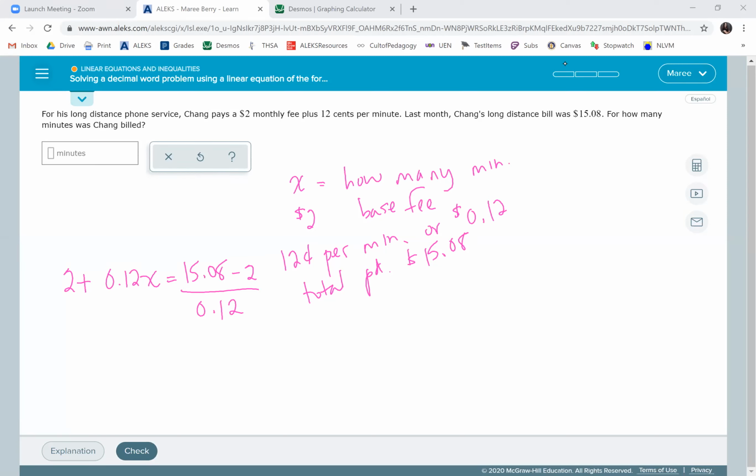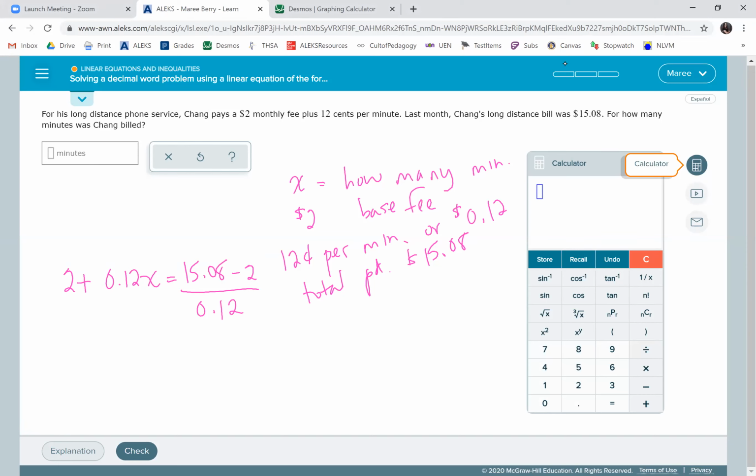So let's use our calculator. $15.08 minus $2 is $13.08. I didn't want to use a calculator for that because I already know 15 minus 2 is 13. And then I'm going to divide by 0.12. And that gives me 108 minutes that he spoke on the phone.